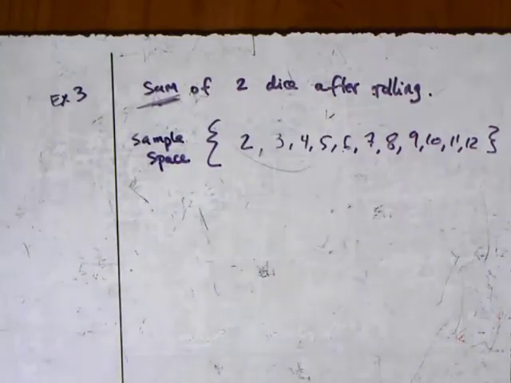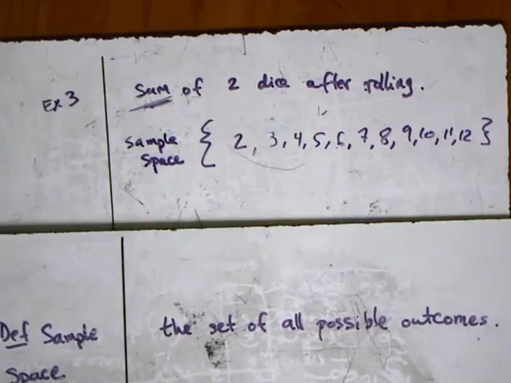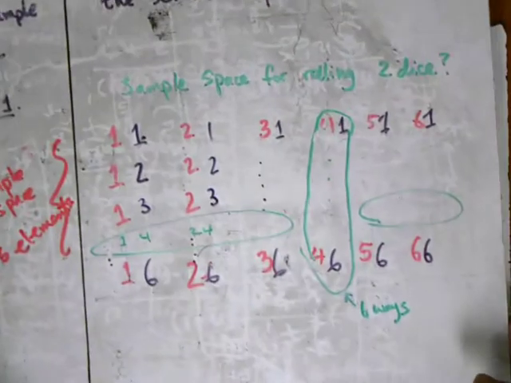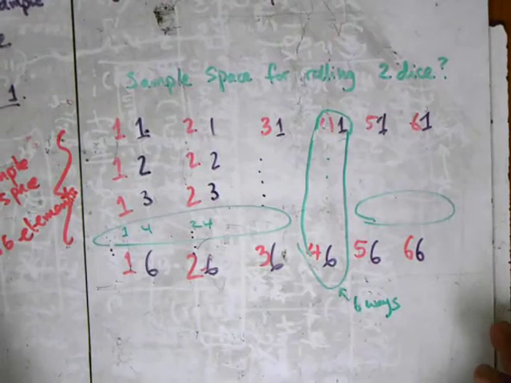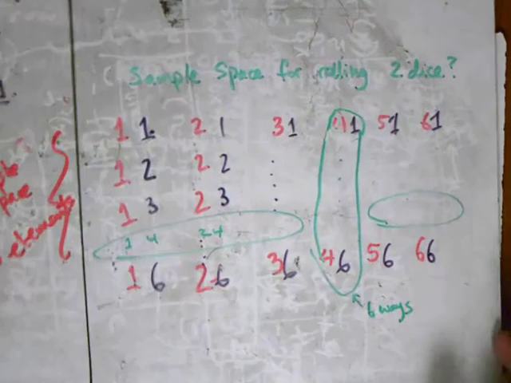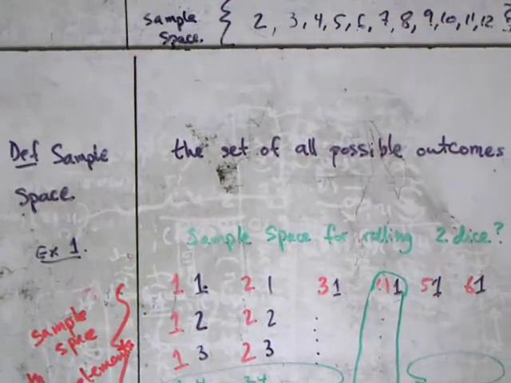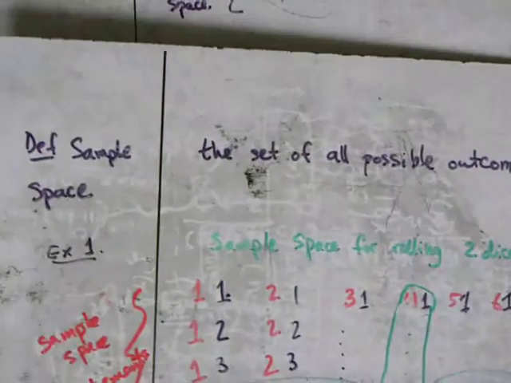Now, if you look at these two sample spaces, it's like these two sample spaces are actually equivalent in some sense. Let me see if I can arrange these boards so you can see.